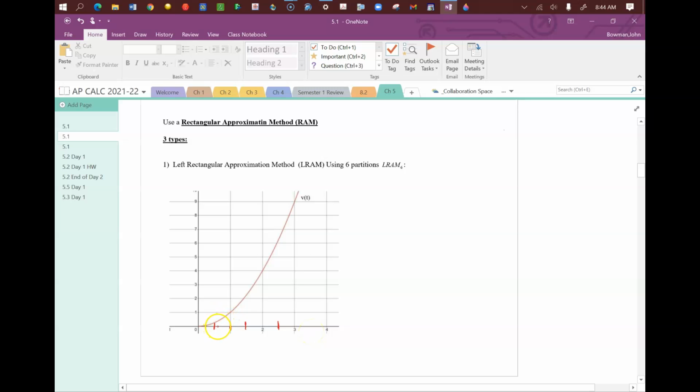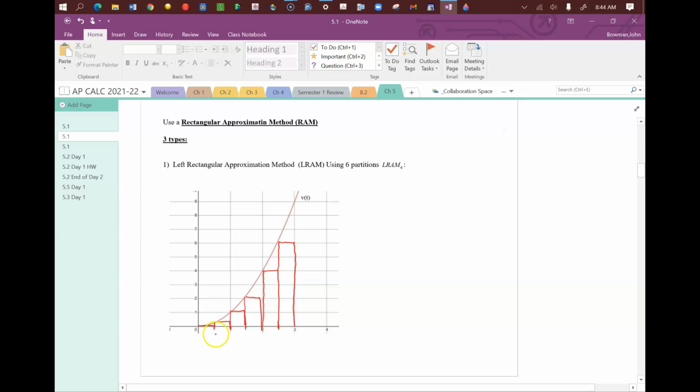If we draw the first increment, the left-hand side has a height of 0, and then the next one has a height corresponding to the value of the function at t equals 1/2, and the next has a height corresponding to the value of the function at t equals 1, and t equals 1.5, and t equals 2, and t equals 2.5, and so on.